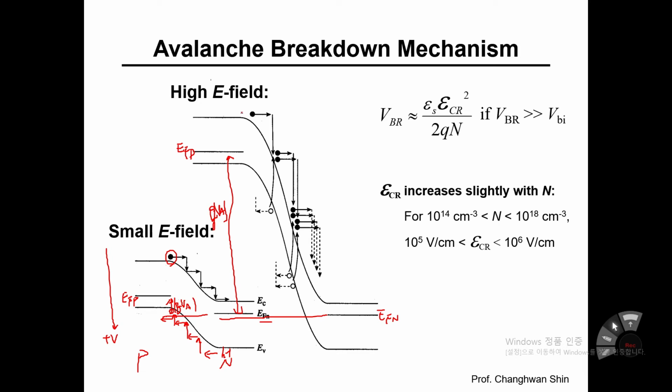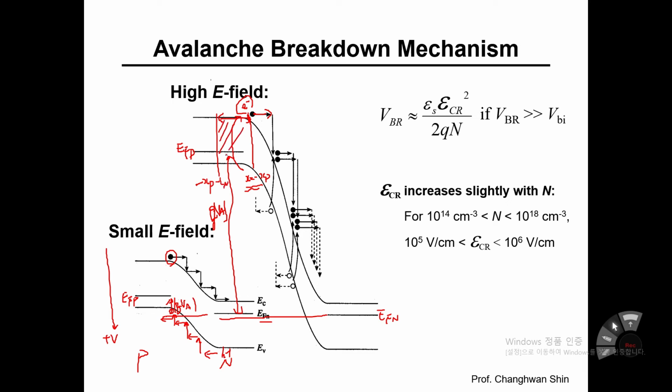Let's suppose that a single electron has been injected into the depletion layer. Here is x of minus xp, the depletion layer edge on the p side. A single electron would be thermally generated in the range of minus xp and minus xp minus Ln.